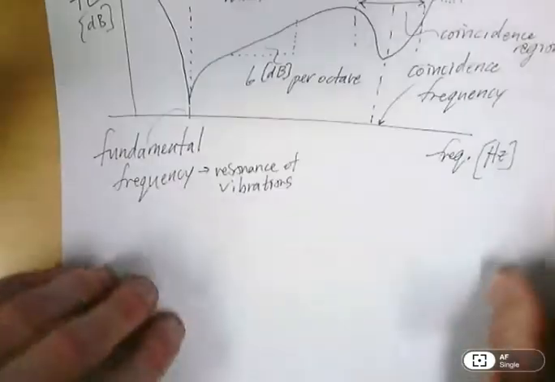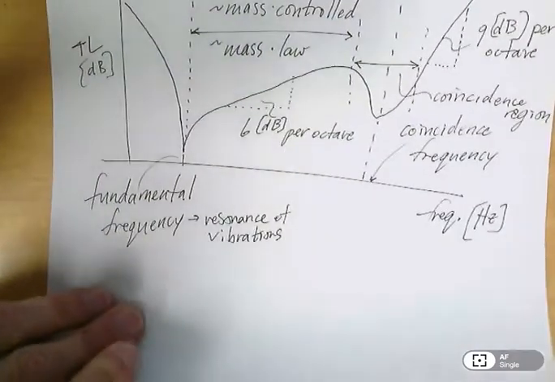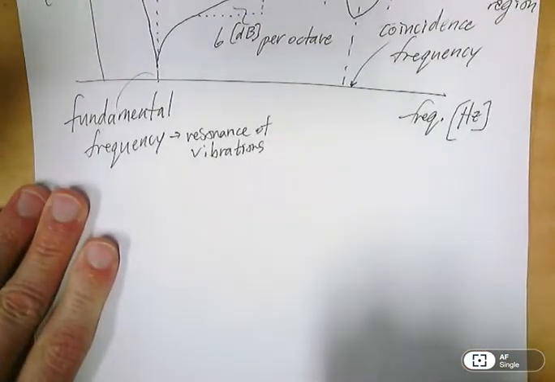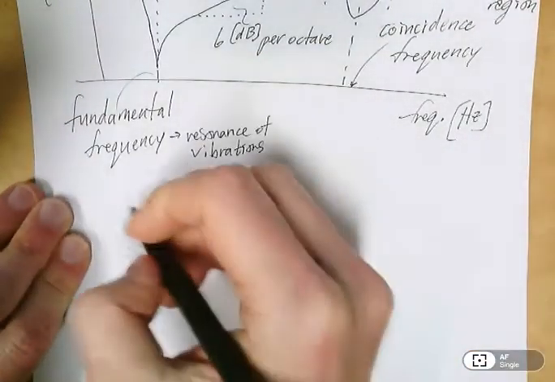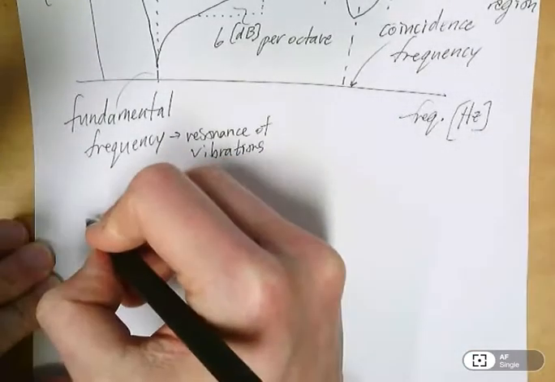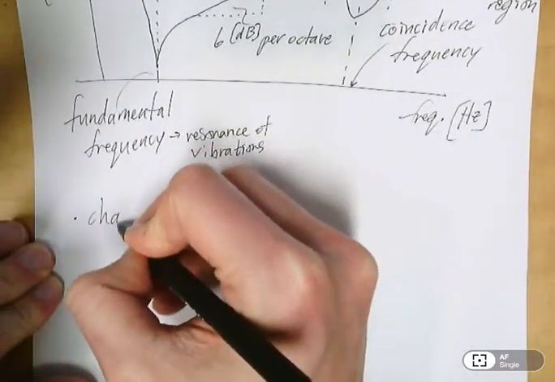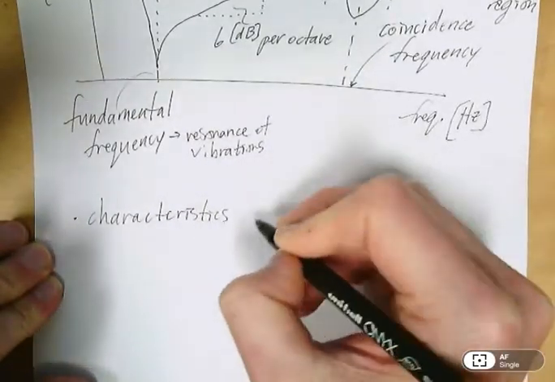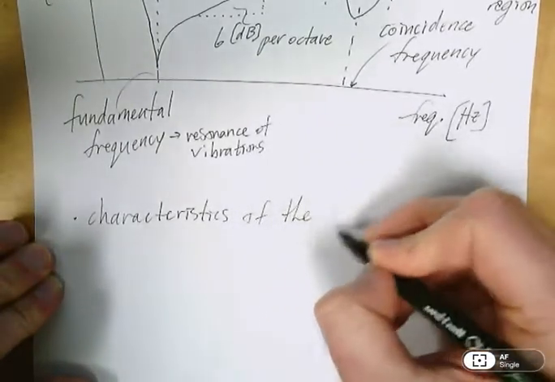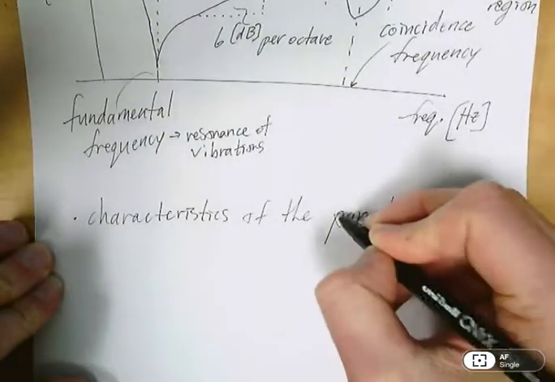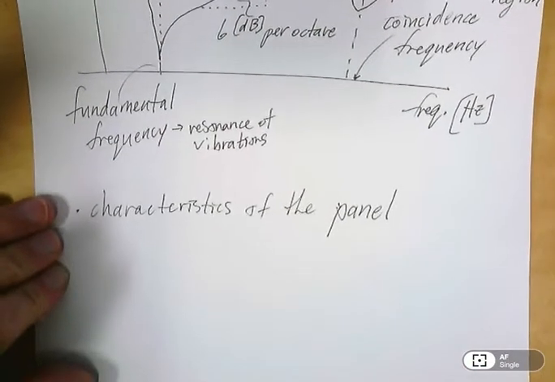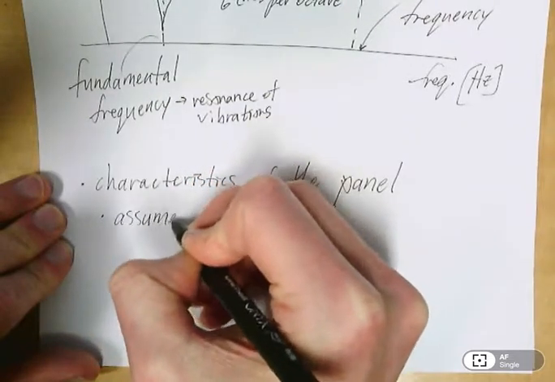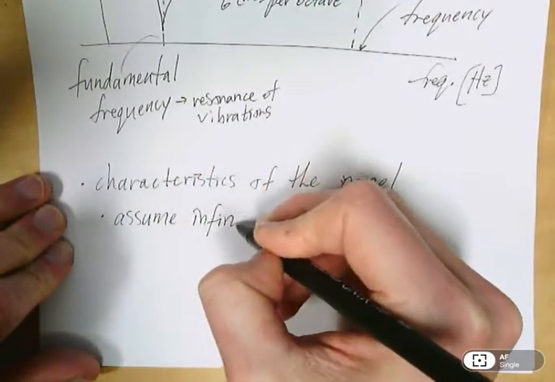So to begin, to introduce these dependencies of transmission loss, we need to characterize the panel. So we make a few assumptions. We assume infinite span-wise dimensions.